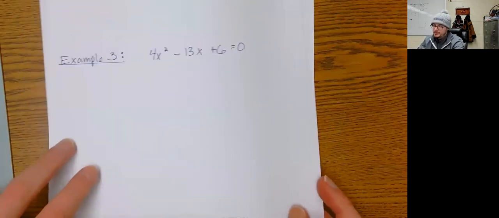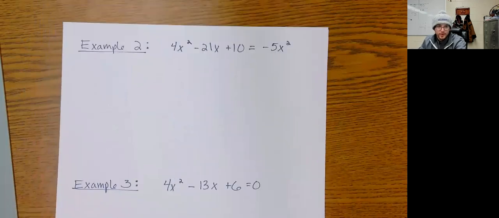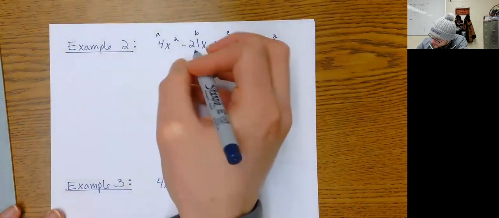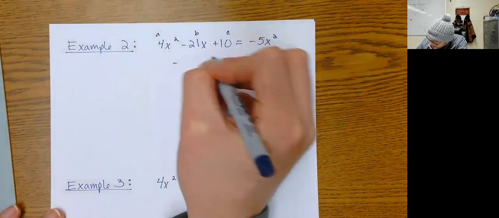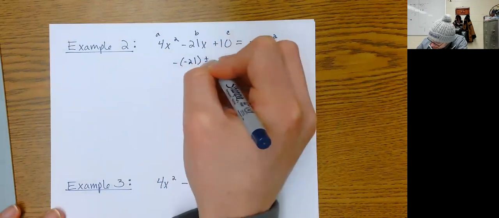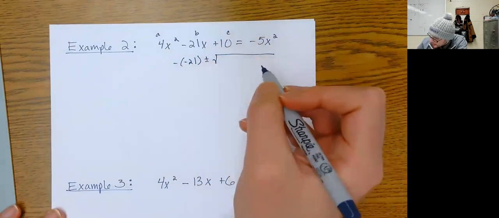Now I'm going to try and break this down into, or at least I'm going to write smaller, I guess is what I'm going to do. So we have A, B, C. So we're going to get negative negative 21 plus or minus the square root of what?